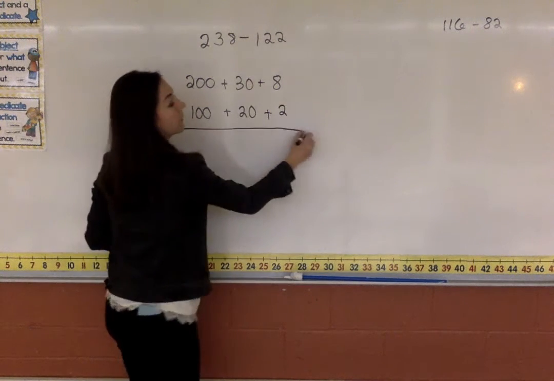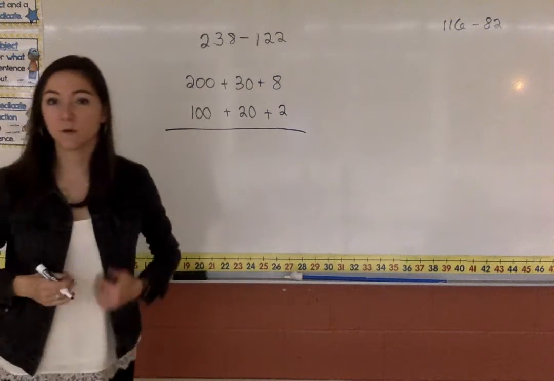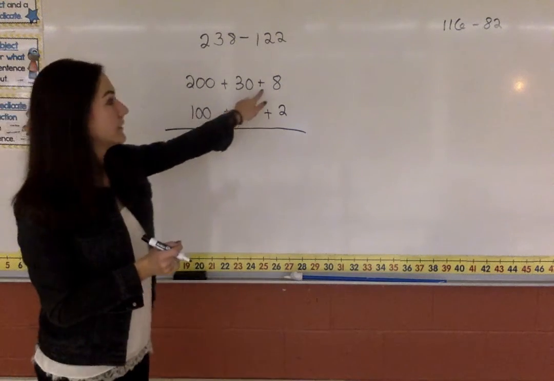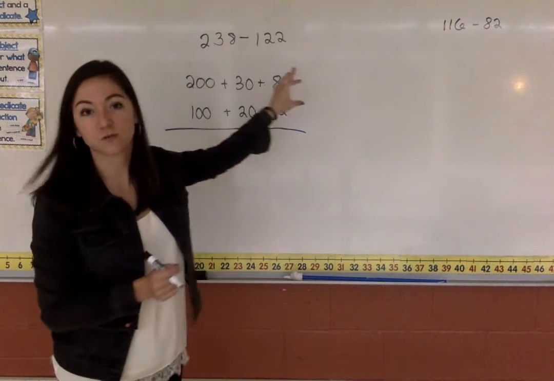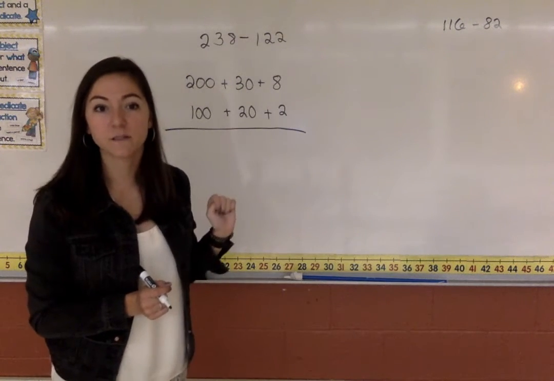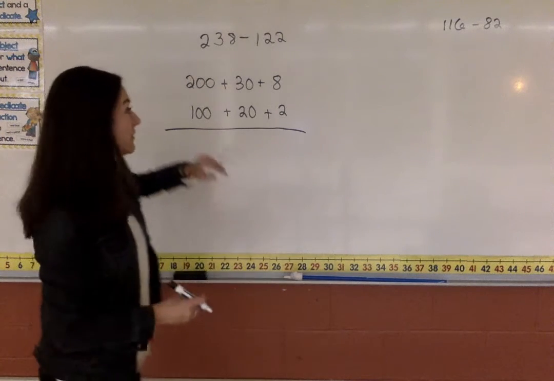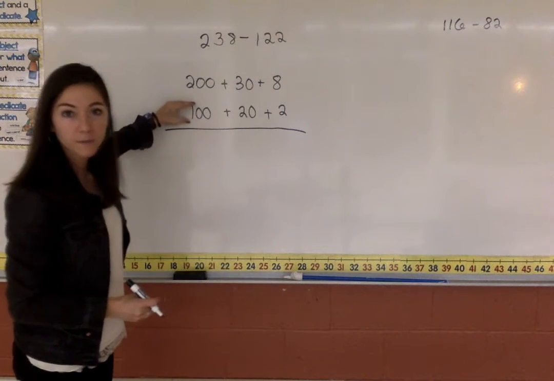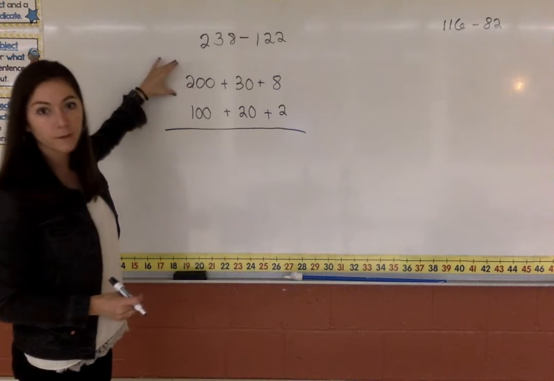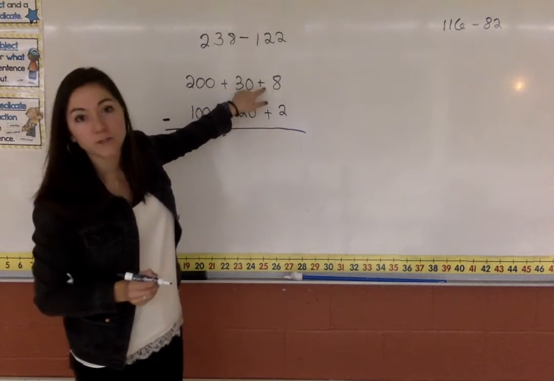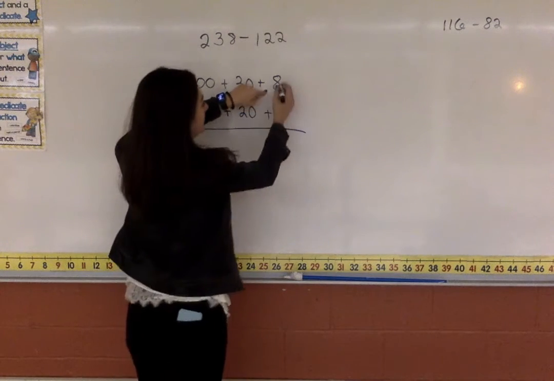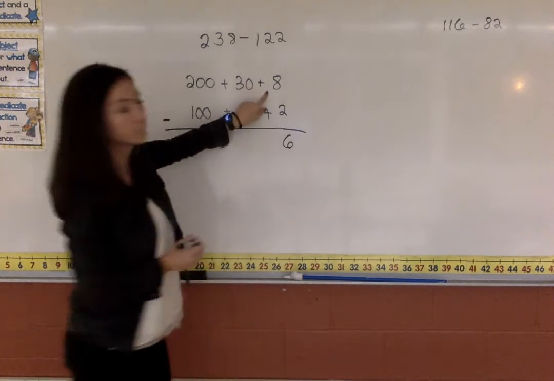Okay, so now, even though when I decompose my numbers, I add addition signs to show how the number is created by all of the place values, we still need to remember that we're subtracting the bottom number from the top number. Okay, so I'm going to take away 2 from 8, and I'm going to get 6.